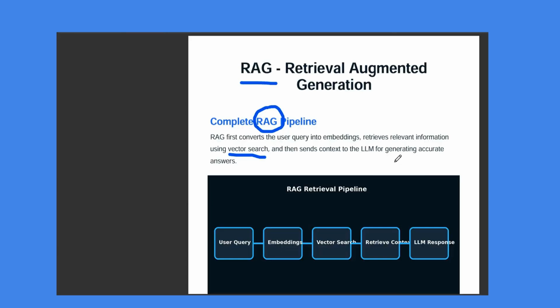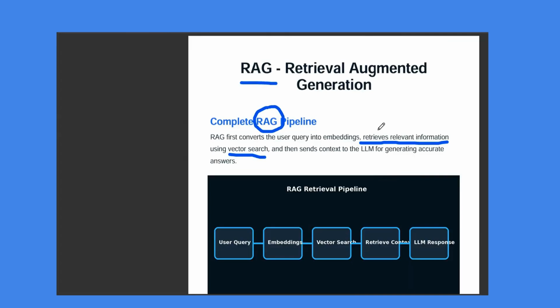That's it. That is called RAG. So instead of answering only from memory, it first retrieves useful information. Okay, and then it generates the answers. That's why it is called retrieval augmented generation. Understand?